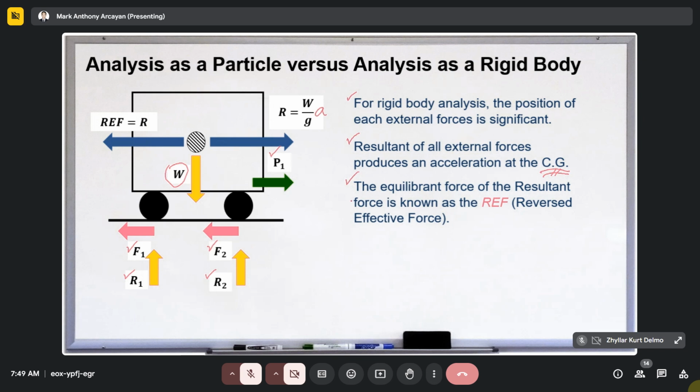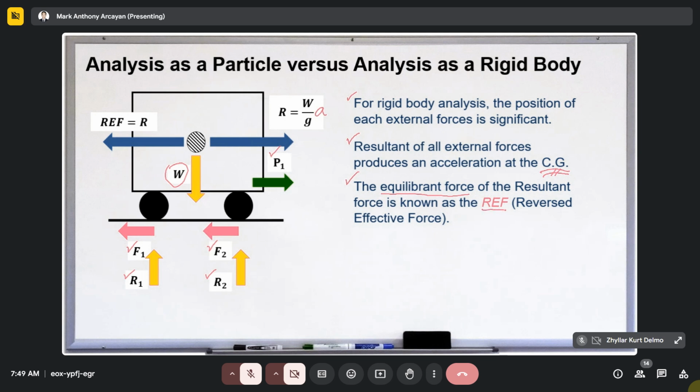Next, following D'Alembert's principle, if we have a resultant force and the system is moving, then the equilibrium force, as in your physics class, has the same magnitude as the resultant, but in the opposite direction. We call this equilibrium force the reverse effective force, the REF.